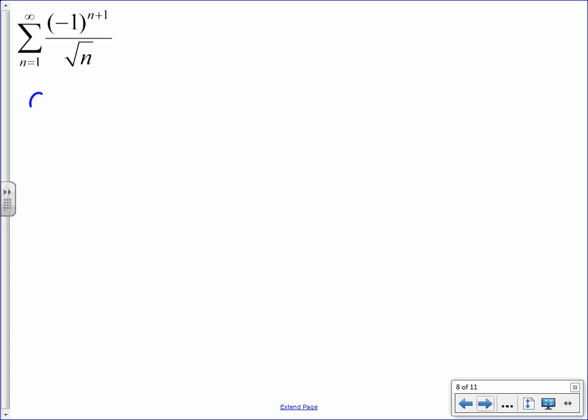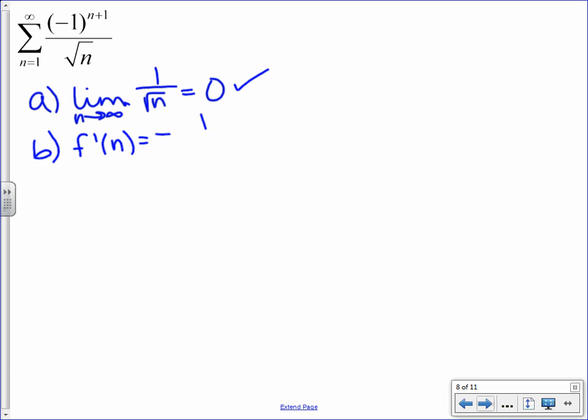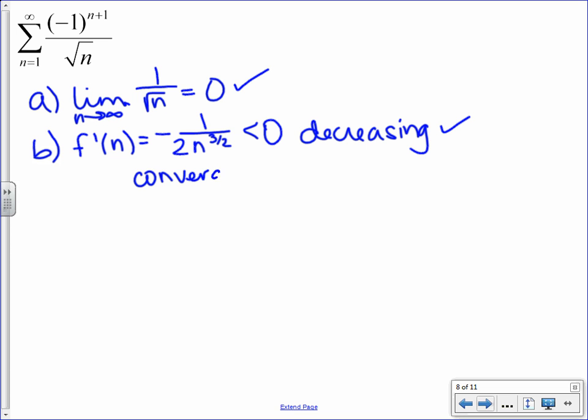We said, okay, the limit as n approaches infinity of 1 over the square root of n is 0. And then we went ahead and said the derivative was -1 over 2 n to the 3/2, which is always negative, which means we're decreasing. Therefore, we know this converges by the alternating series test.